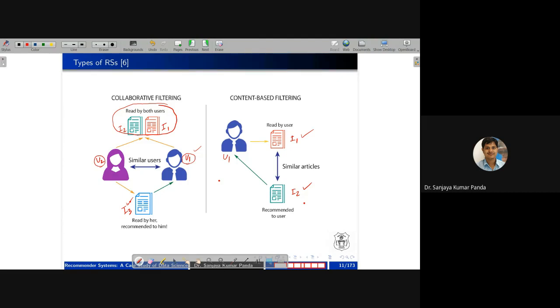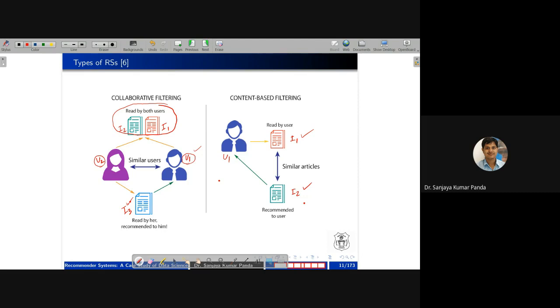So we can recommend item I2 to user U1 because I2 has similar properties as I1. So that system is called the content-based recommendation system. So these two are the basic categorization of recommendation systems.